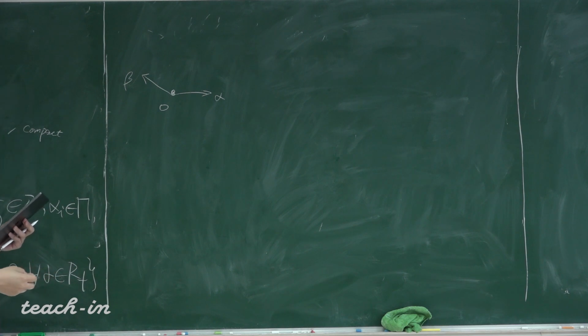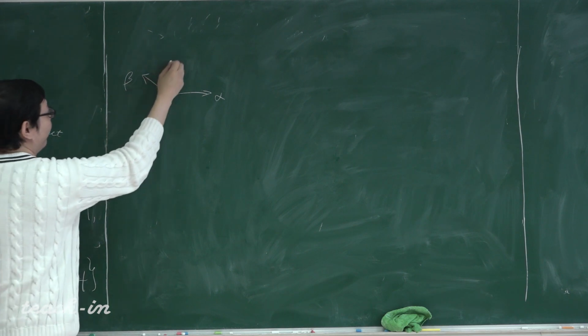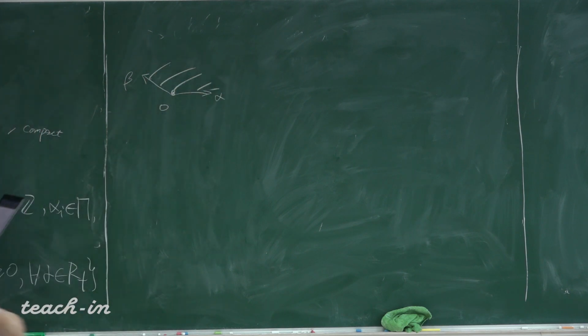I want to say that this area, the closure of C plus, is inside that area. It's something like the convex combination, not exactly, but this is the statement that you would like to prove, that C plus is inside.